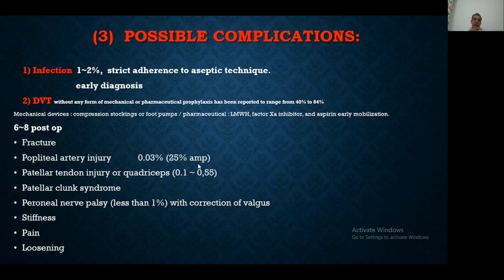It can act like a lever over the extensor mechanism. It will be very painful, but it's easy to treat. We can treat it arthroscopically, and removing it is not a big problem, but we have to prevent it intraoperatively. Peroneal nerve palsy is very rare, especially while treating a valgus patient.